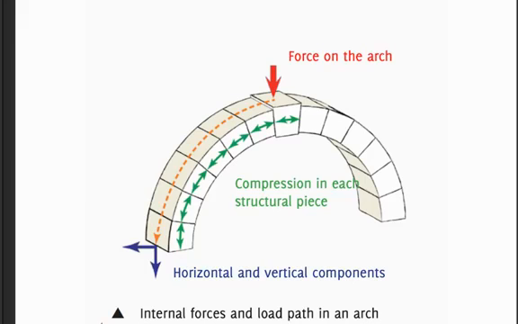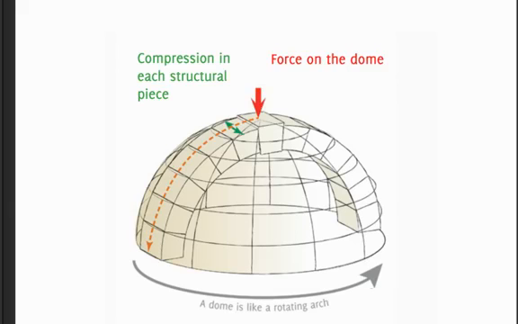Moving on from this, the dome. This technical part will be over very quickly, and I just want to explain to you what it is. Now imagine that you've made a successful arch and then you rotate it. If you rotate it on its own axis, you will make a dome.